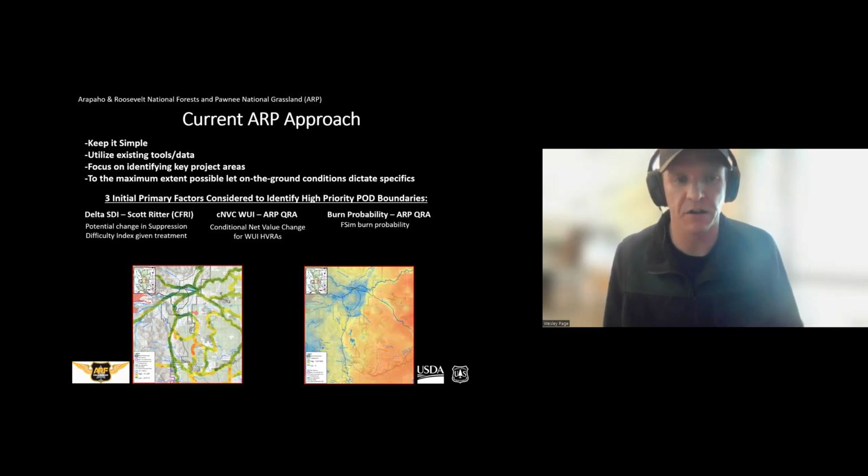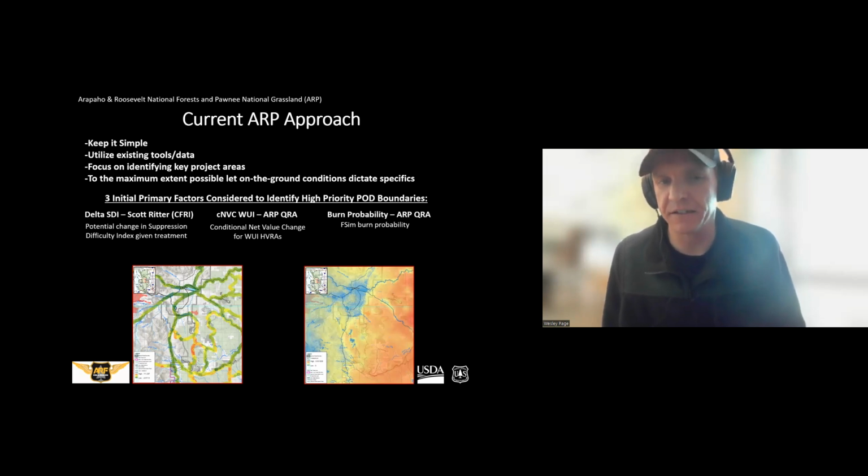knowing that it's been identified as a high priority. So the 3 factors, the 2 right from the QRA, are burn probability, CNVC for the WUI, and high HVRAs. And then I don't think Scott has talked about this, but Scott had developed a tool to look at where we could make the most change in suppression difficulty index.